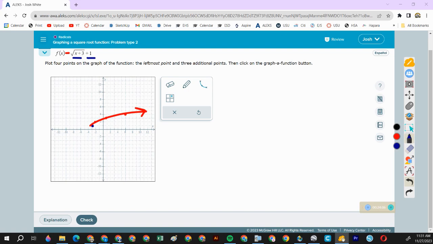Is it going to go down or is it going to go left? Well, it's on the outside. Does the outside affect the x's or the y's? The y's. The x's are inside, so it's going to look like this. How would I make it go left? You would make the x negative, and then it would go to the left.